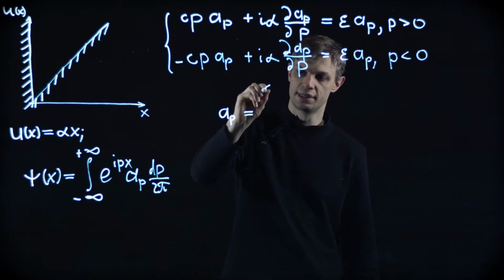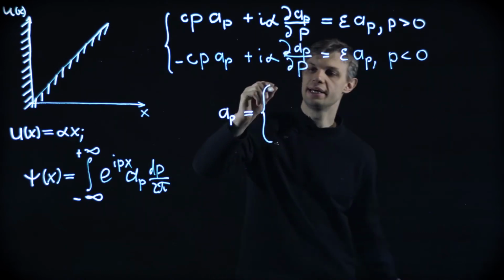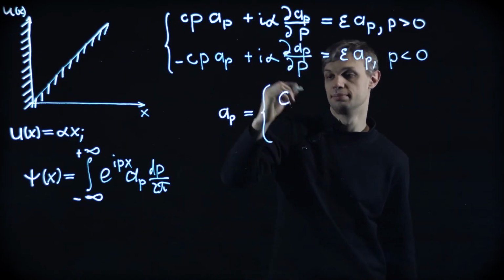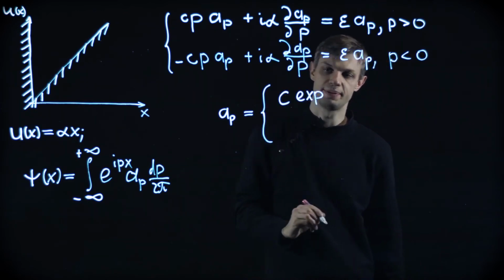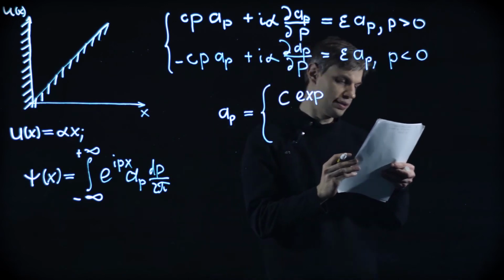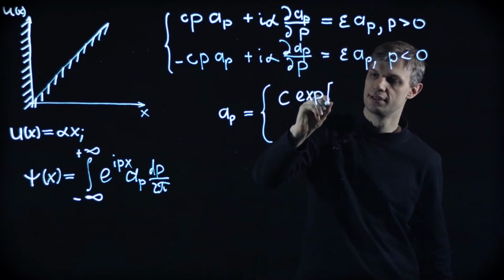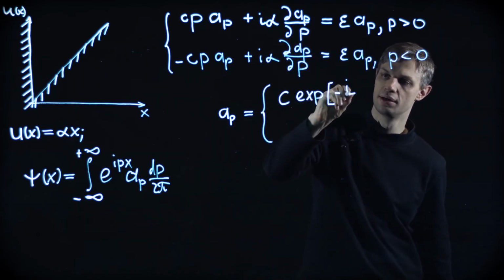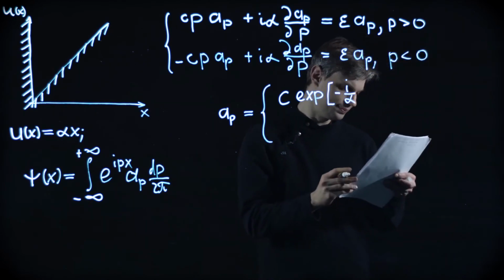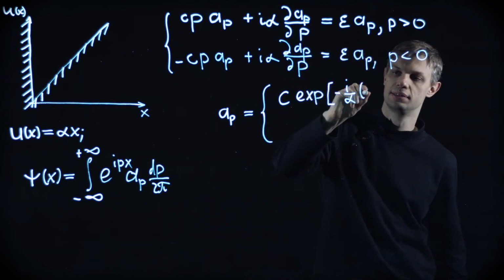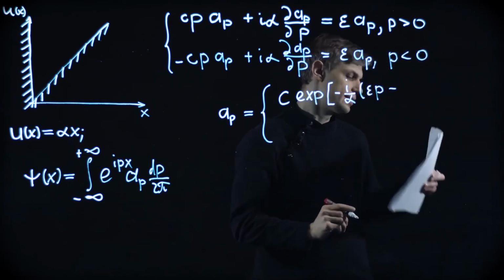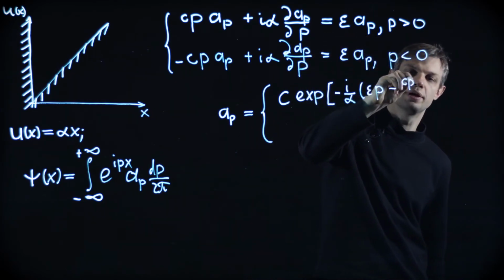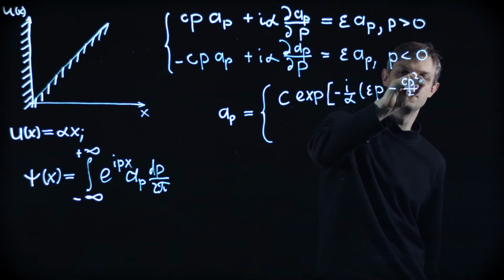Here it is: C, some integration constant, times an exponential function, and the exponential function is minus i over alpha, epsilon p minus cp squared over 2.